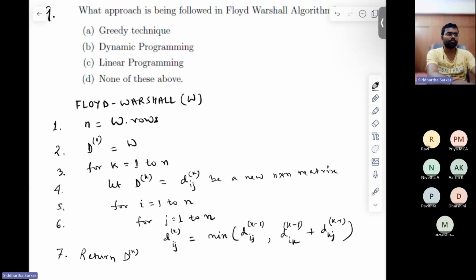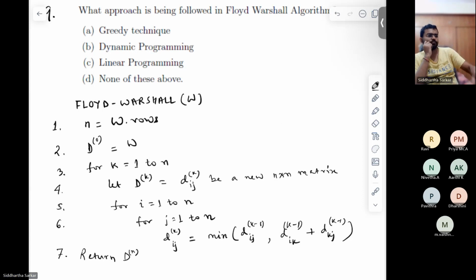It finds the all-pairs shortest path. That means between every pair of vertices, it finds the shortest path.